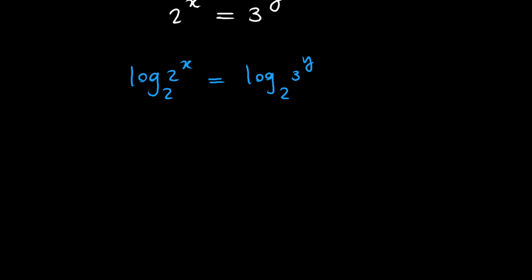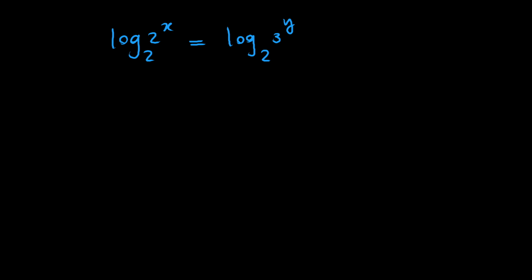Next, if we apply the power rule, which states that log of a to the power of n equals n times log of a. So basically, we can take the power and bring it in front and use it as the coefficient of log.